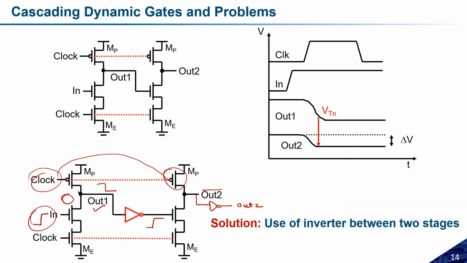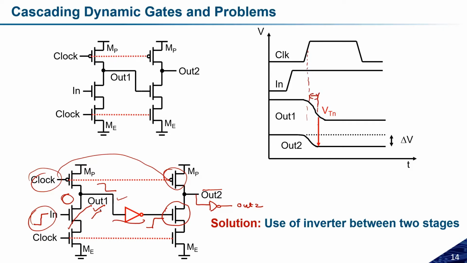But if I make the delay of this one equal to the delay of this one, we can manage so that this second logic will not be triggered until the complete first logic result is available. So whatever delay we have here, between input and output, this and this, that is what the delay is.